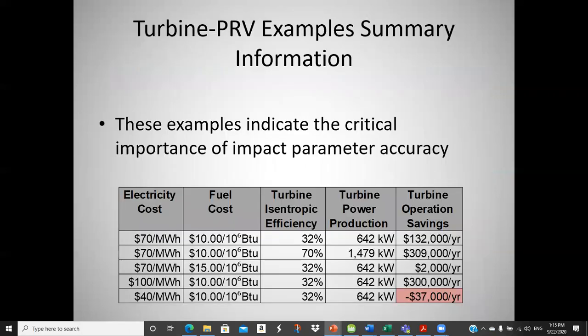So you can run all kinds of different cases. This indicates the critical importance of parameter accuracy. Turbine-PRV, so anyway, that summarizes all of those cases. You can see electrical cost, fuel cost, isentropic efficiency, how much power we get, and how much it saves per year.